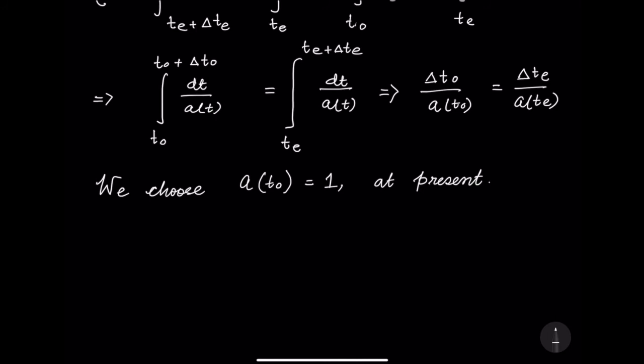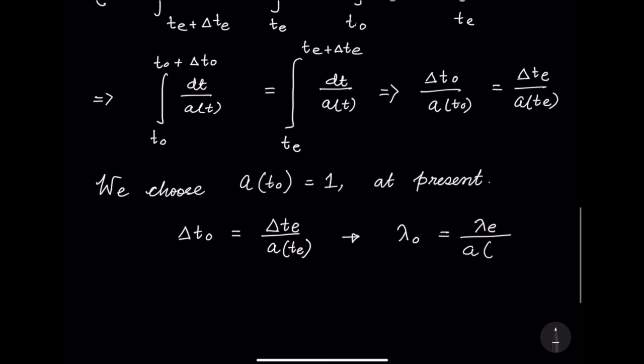So then I find that delta T observed, which is the time period of the emission as observed, is the time period of the emission as it was emitted, scaled by the scale factor at the time when the radiation was emitted. And if that is a time period, it will not be much difficult for you to figure out that the wavelength of the radiation will also follow this.